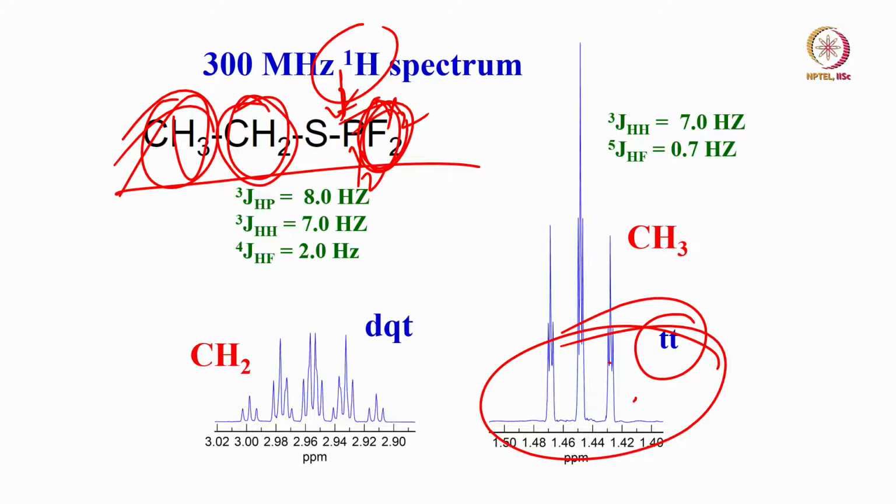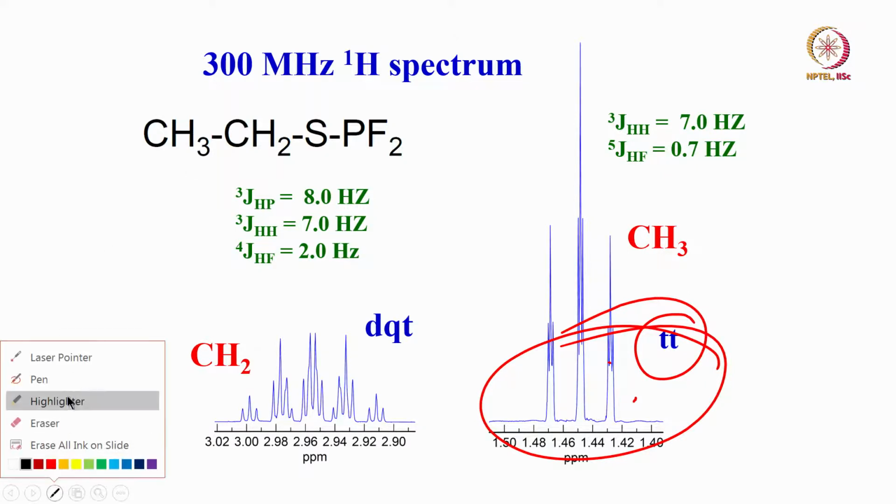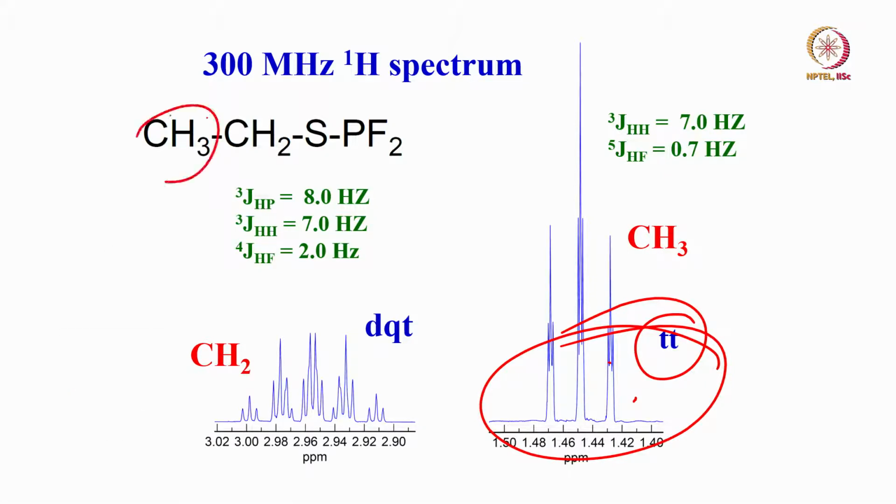Whereas we come to this group, this CH2 group, this CH2 becomes a quartet because of CH3. I will erase that and you will see that now. The CH2 becomes a quartet because of this CH3. That's correct. So now, because of this, it is a quartet.